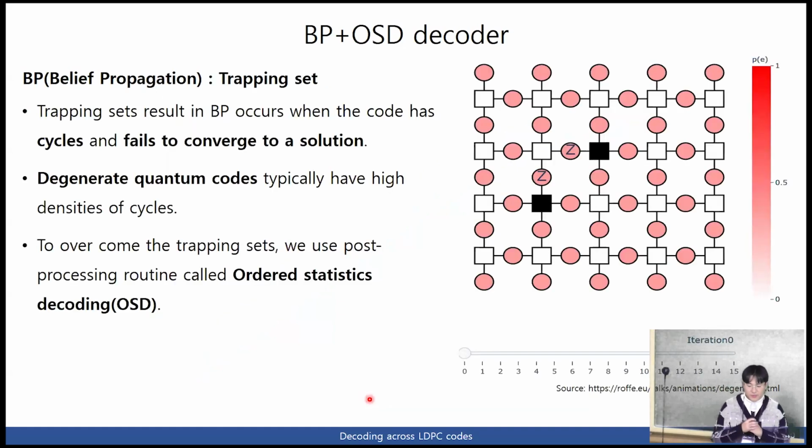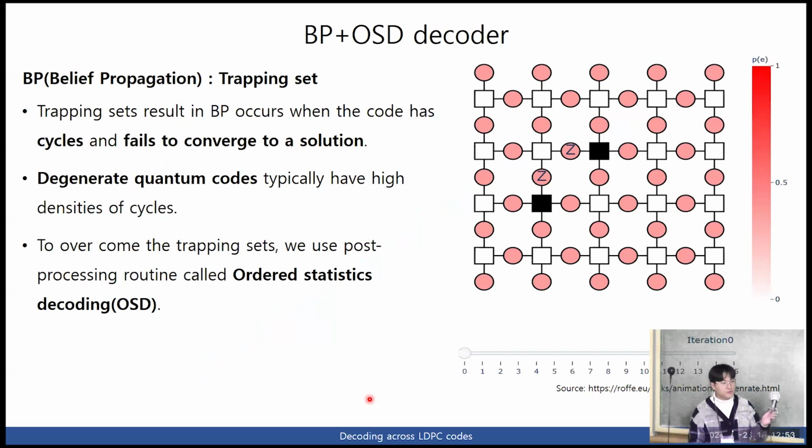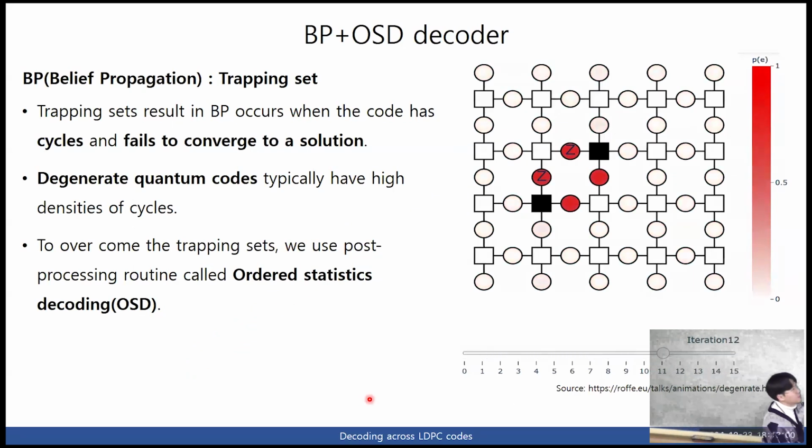The problem is the trapping sets. Trapping sets usually occur in various QLDPC codes because of cycles that fail to converge to a solution. As you see in the animation, we set the beliefs and propagate them, but that doesn't converge to a solution.